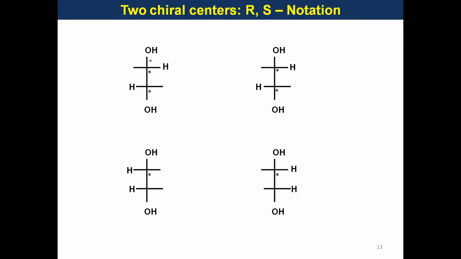Number 1 for OH, number 2 for the bigger group and number 3 for CH3, number 4 for hydrogen. So rotation from 1 to 2 to 3. It is supposed to be R, but the fourth priority is in horizontal line, hence we have to give the reverse, that is S configuration.